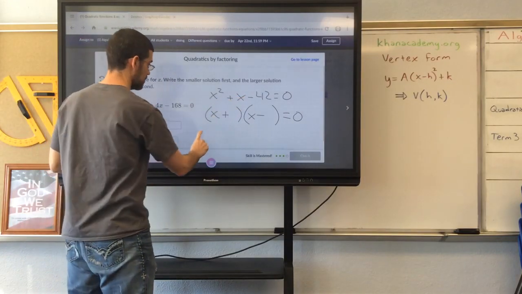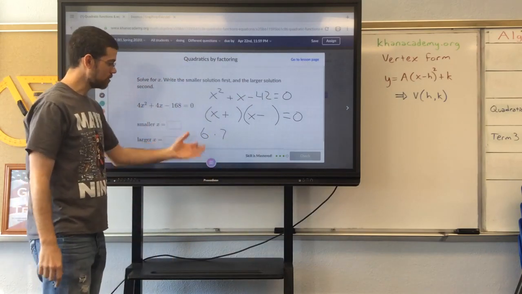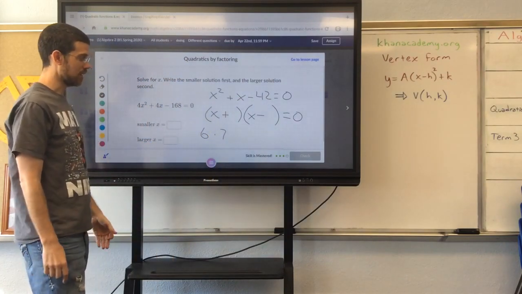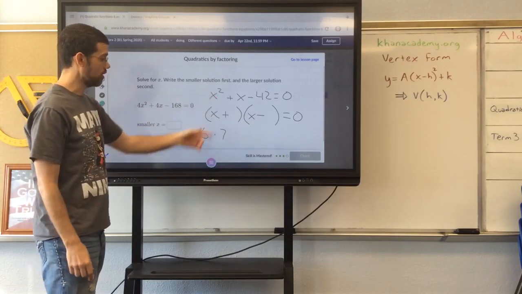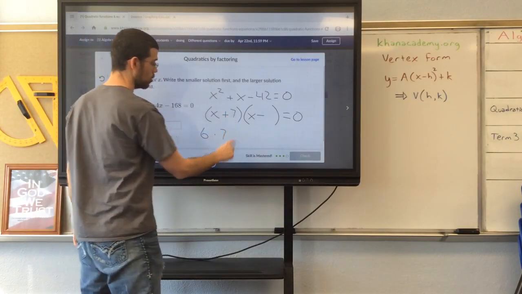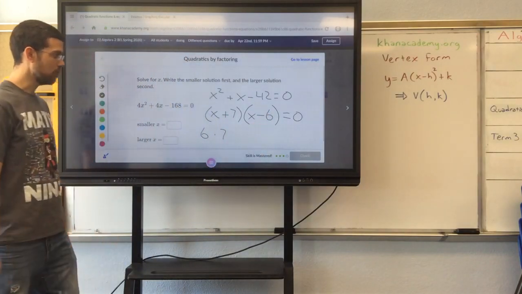So it looks like 6 times 7 gives us 42. One of those has to be positive, one has to be negative, so that when I add them, I get a positive 1, which means I want my larger number to be positive and my smaller number to be negative.